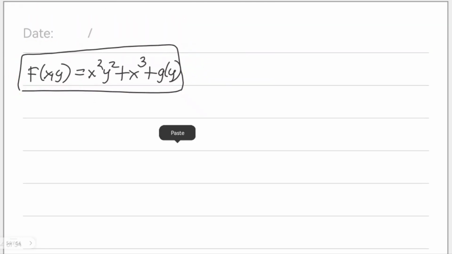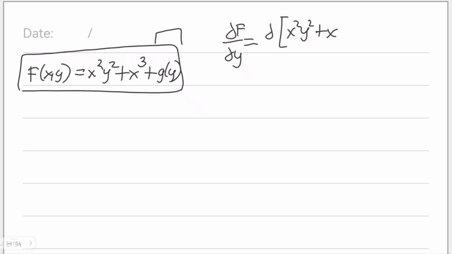The next thing here is, since this is not yet complete because we still have g of y here, what we need to do is take the first partial derivative of f with respect to y. That would mean this is the partial derivative of the given function x squared y squared plus x cubed plus g of y with respect to y here. So that x will become a constant. So you will just derive that.